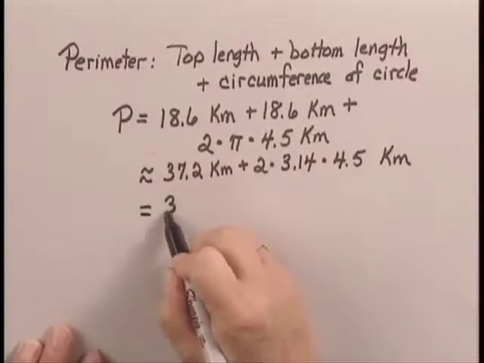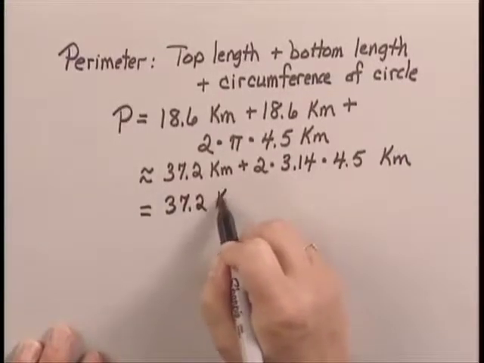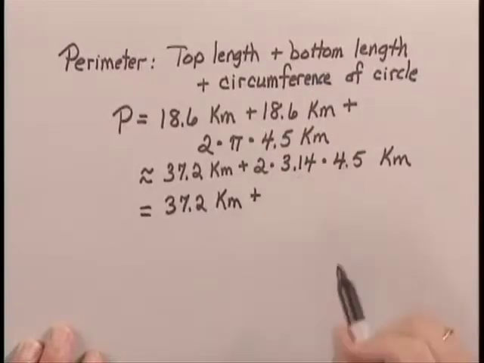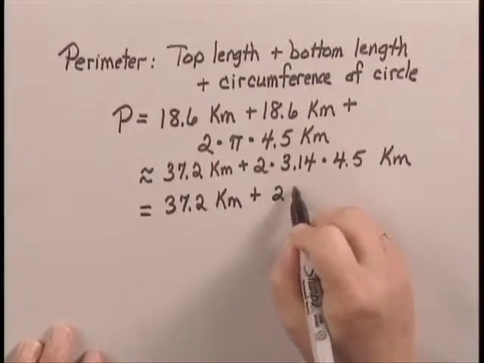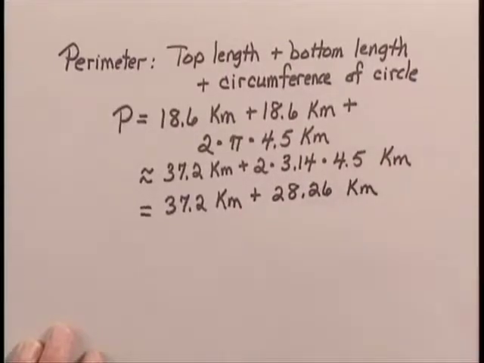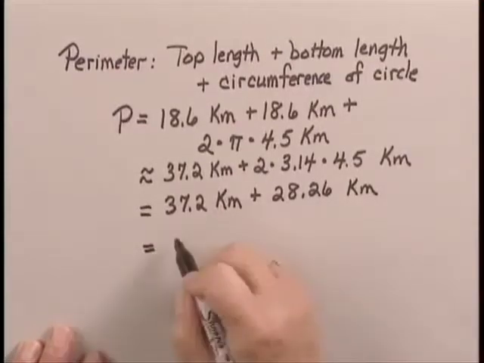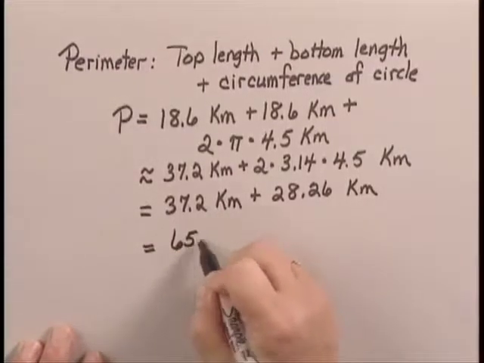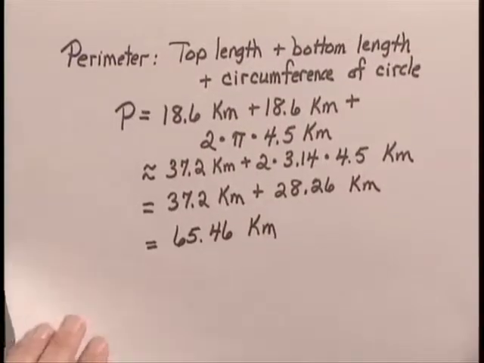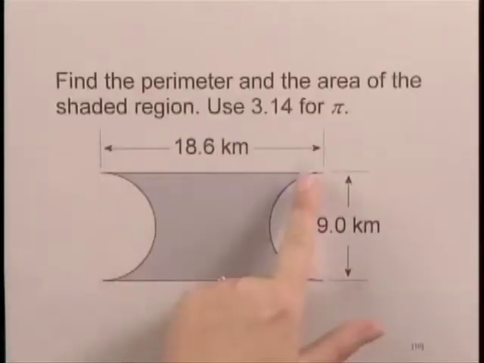And now I multiply 2 times 3.14 times 4.5, and I get 28.26 kilometers. Finally, we add those lengths together, and adding, we have 65.46 kilometers. What I have found is the perimeter, or the distance around this region.